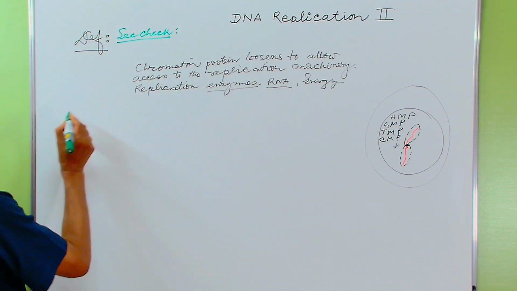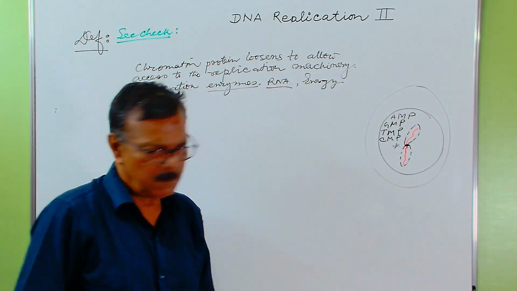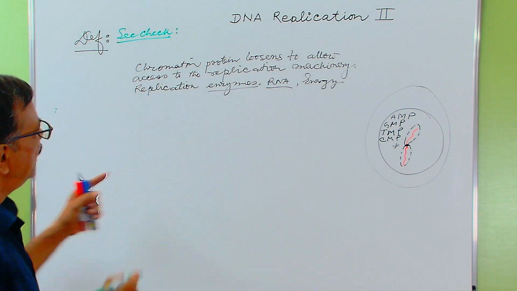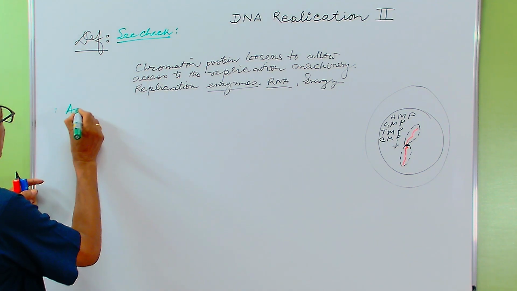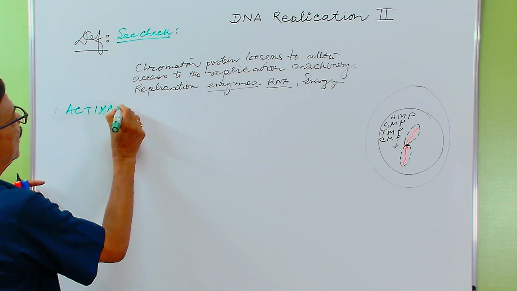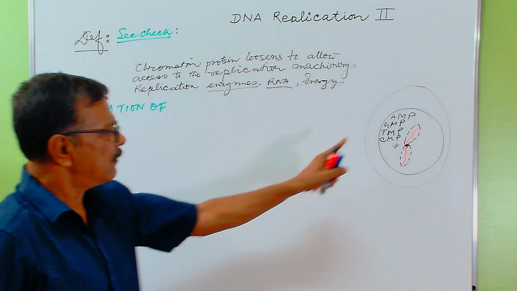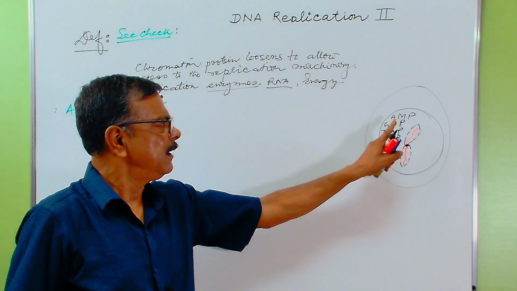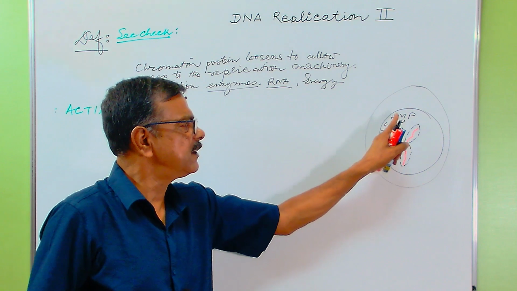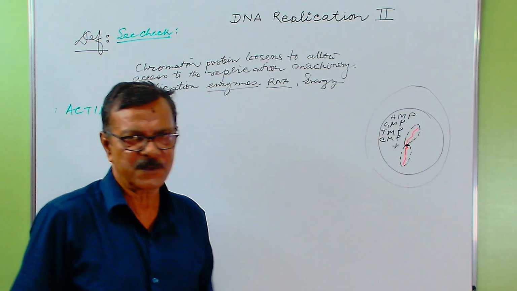Number 3, you will write transformation, or you can say activation: activation of deoxyribonucleotide monophosphate.